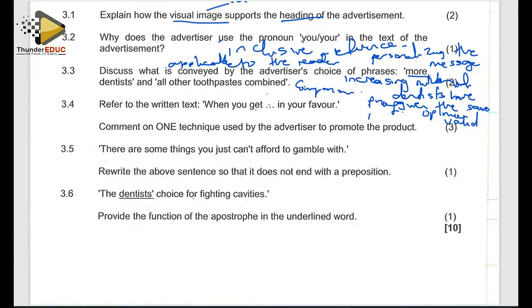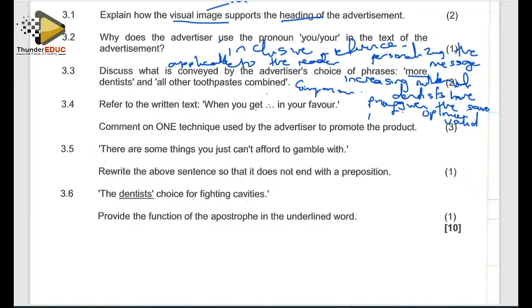So as a result, it means that Crest has been proven, and as such, it is the superior toothpaste that is going to fight cavities. So as such, comparison has been made, conclusion has been drawn.